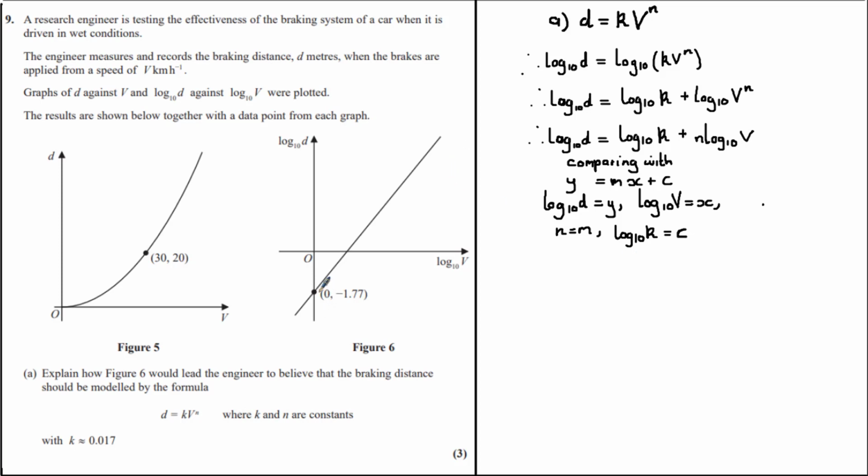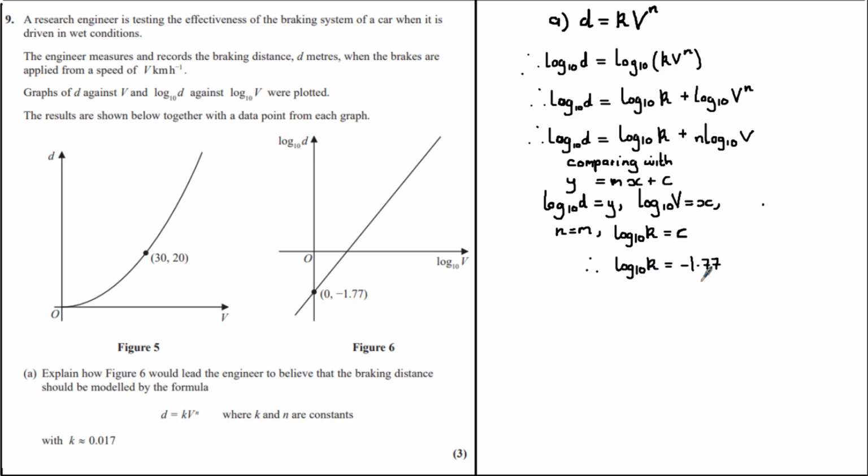The one thing we can use is this point here, the y-intercept, or c, which is equal to negative 1.77, and therefore we can say that log base 10 of k is equal to negative 1.77. Now, in order to solve for k, we can use one of the rules you can use to solve logarithms. I like to call this the anti-clockwise law, because we start from the base and we go anti-clockwise.